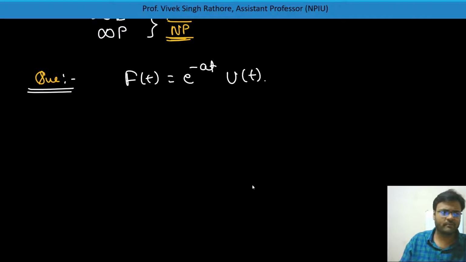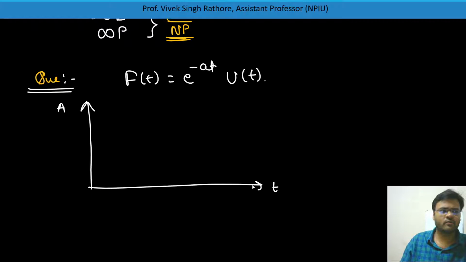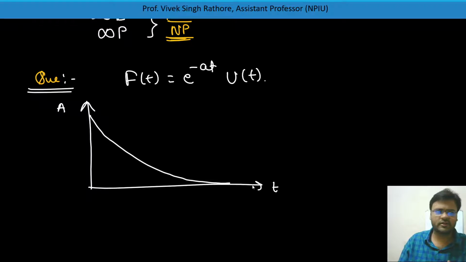If you plot this graph of amplitude against t, you will see that this is an exponentially decaying signal. This is actually a finite duration signal, because after some time it won't exist.